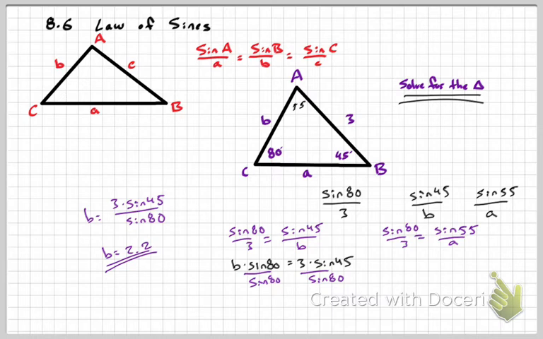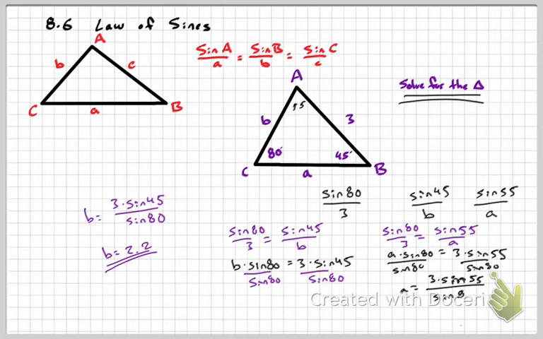Okay, let's look at our problem for A. Cross multiply: A times the sine of 80 equals 3 times the sine of 55. I'm going to have to divide both sides by sine 80. So then A equals 3 times the sine of 55 divided by, sorry about my writing there, the sine of 80.